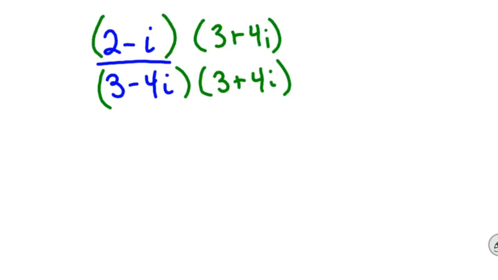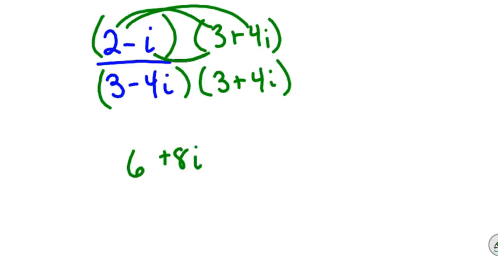And so on the top, you've got to distribute through the top, and that's 2 times 3 is 6. 2 times 4i is 8i. Negative i times 3 is negative 3i. Negative i times 4i is negative 4i squared.